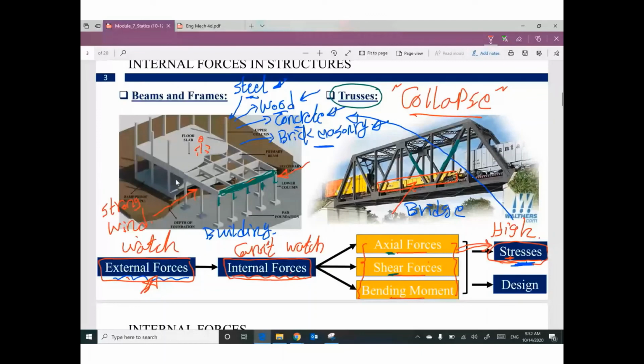I cannot see these internal forces, but I can feel that we have them. These internal forces are probably axial forces, shear forces, or bending moment.